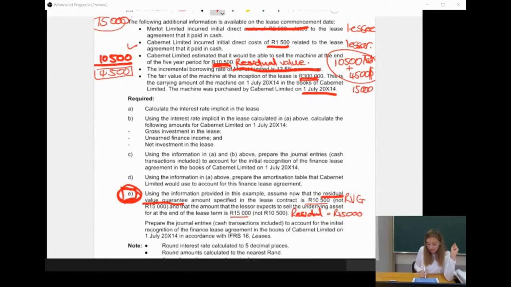Because now, if the asset is going to be worth 15,000 at the end of the lease term, there's no amount payable by the lessee. The lessee is just going to return the asset, with a value of 15,000, to the lessor. No cash that they have to pay, because the residual value guarantee was lower than the residual value. But now the difference between the 10,500 and the 15,000, that 4,500 difference, is going to be our unguaranteed residual value.